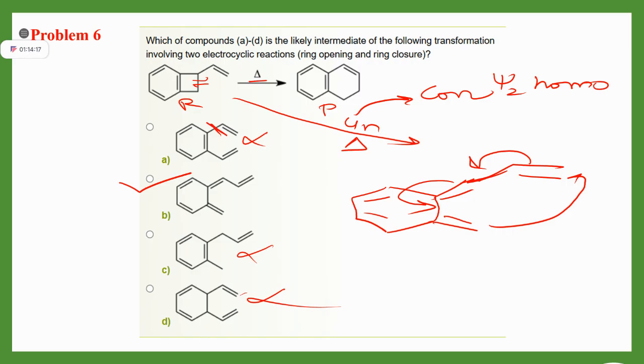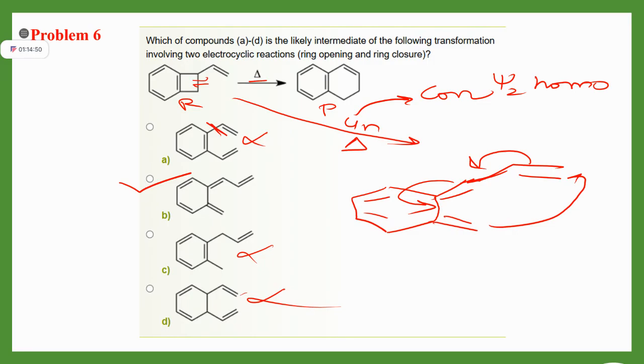In electrocyclic reactions, wherever you see strained systems such as cyclobutene, it will try to open up. You have to see the number of electrons involved. Then you have to see the condition, either thermal or photochemical. Then you have to find out the mode of rotation. For finding the stereochemistry or direction of substituents in the product, you should know the direction of substituents in your starting material.